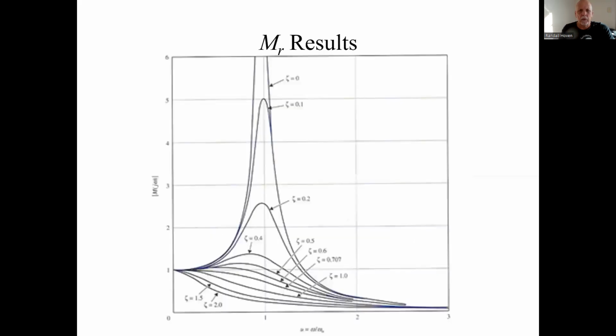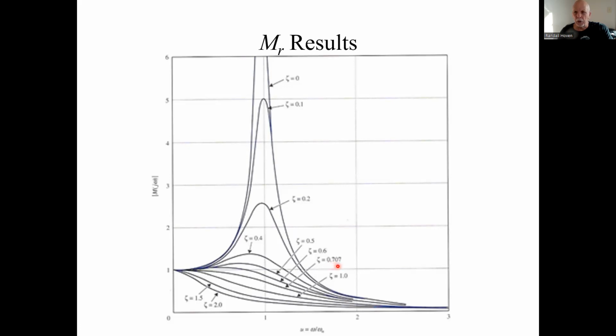And by the way, here's what that gain can look like over frequencies. For very small damping ratios, you get bigger and bigger overshoots in the frequency domain. In fact, if the damping ratio is 0, it goes off to infinity here.